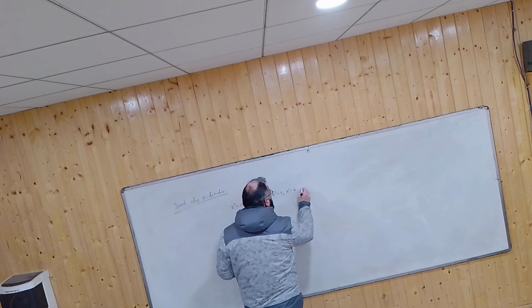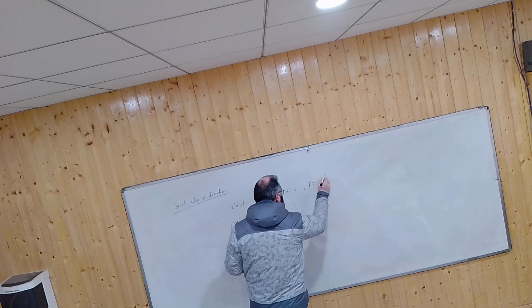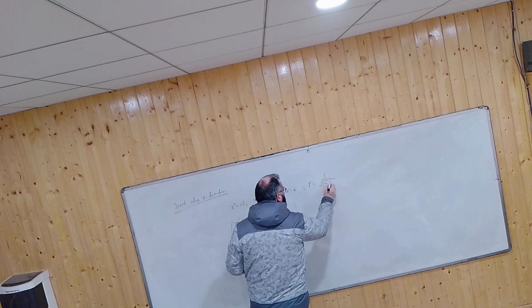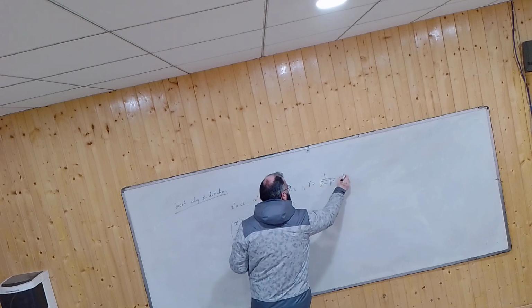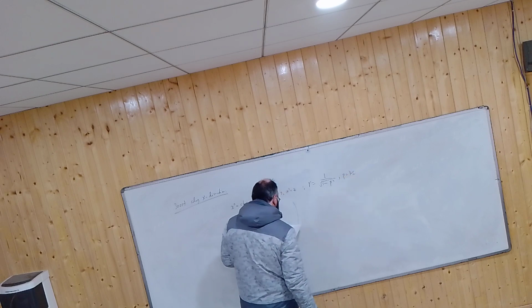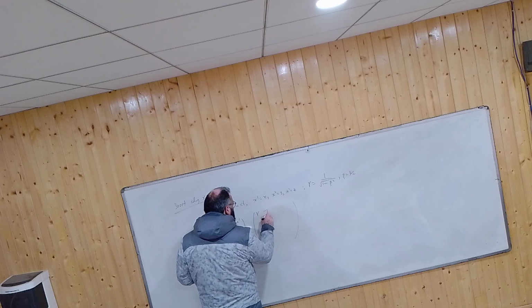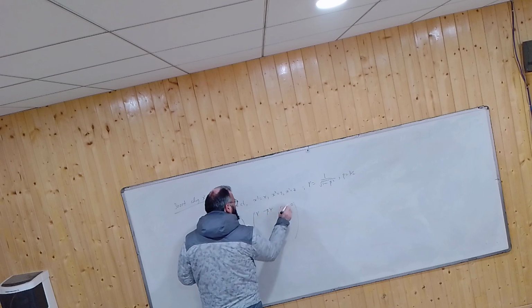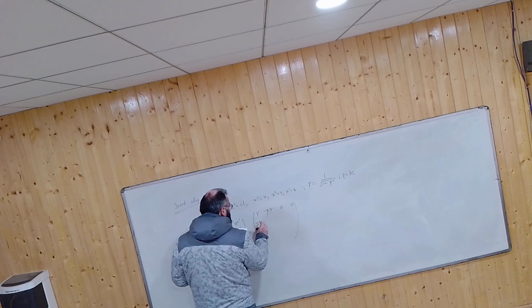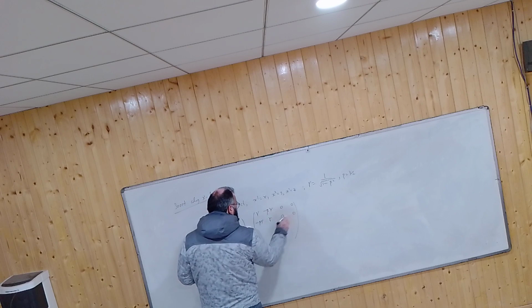So you also define here gamma is equal to 1 divided by root of 1 minus beta square, and beta is equal to v by c. So this is simply the usual Lorentz transformation along x direction, which you know already.